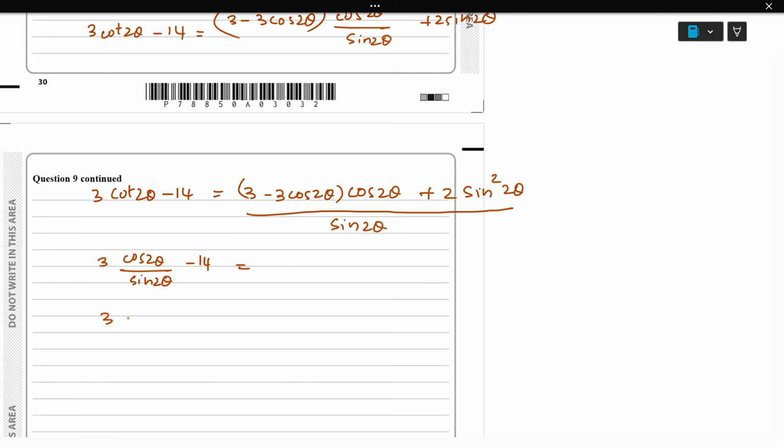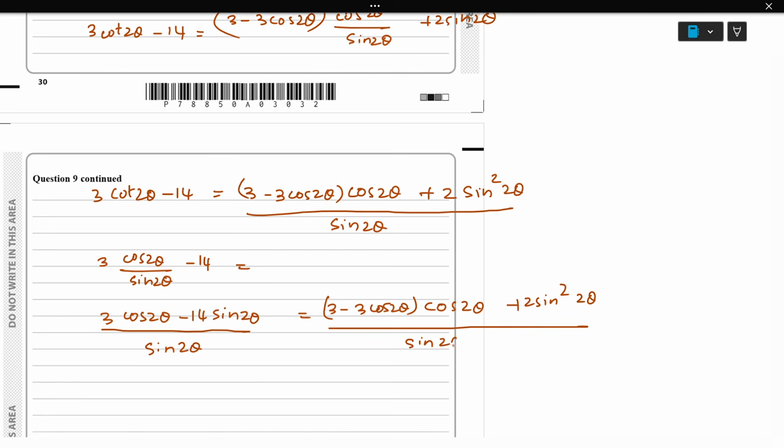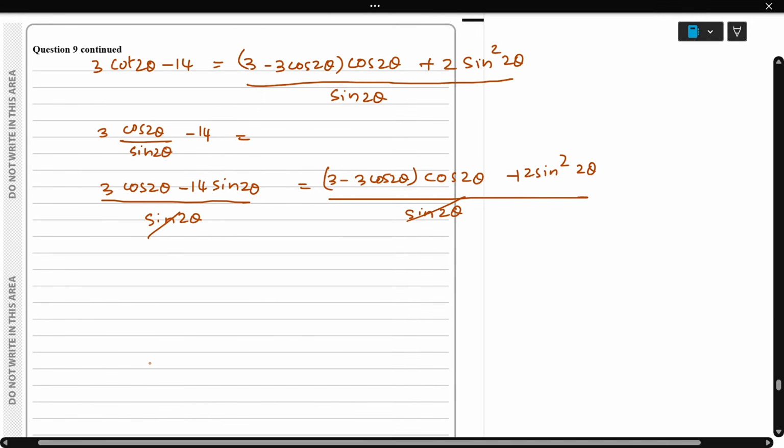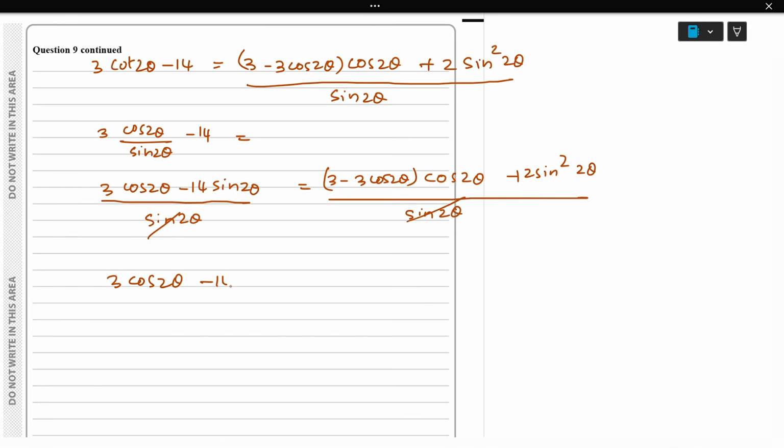So left side I'll take LCM: 3 cos 2 theta minus 14 sin 2 theta over the entire sin 2 theta equal to 3 minus 3 cos 2 theta into cos 2 theta plus 2 sin square 2 theta over sin 2 theta. Now this and this will cancel because you multiply sin 2 theta on both sides. So the remaining is 3 cos 2 theta minus 14 sin 2 theta equal to 3.